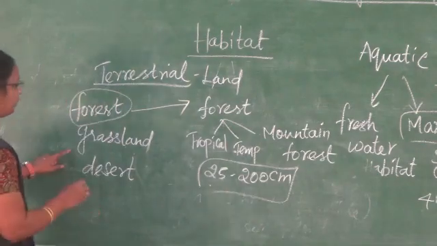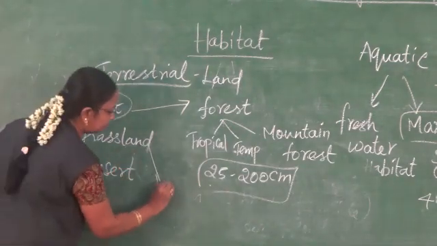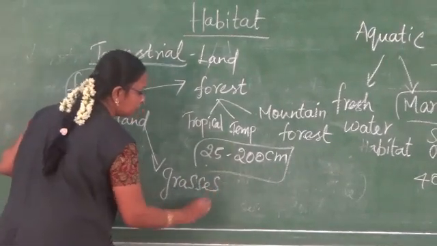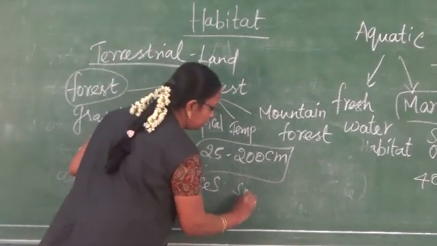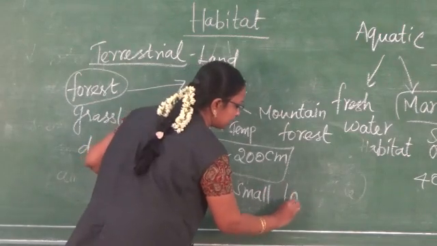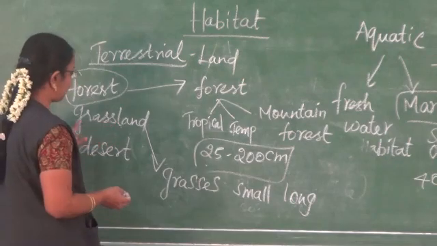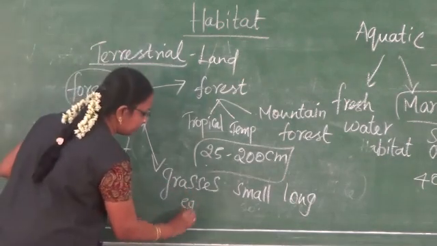So the plants give more rainfall. Next, about grassland. The grassland supports the grasses. Most of the grasses, from small to long, are found in this type of land, for example savanna grassland.